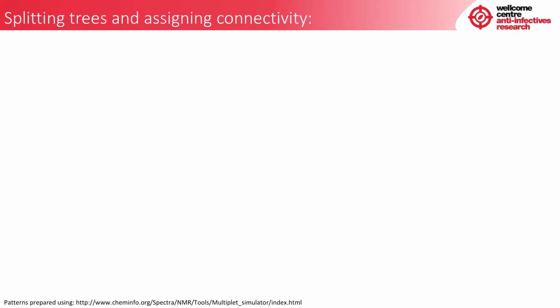So the idea is that we mark the lines in our signal and we measure the gaps between them. And this gives us our J values, 7, and we can see that this one matches. We recognize the shape of the signal, the intensity pattern is correct, this is a triplet.